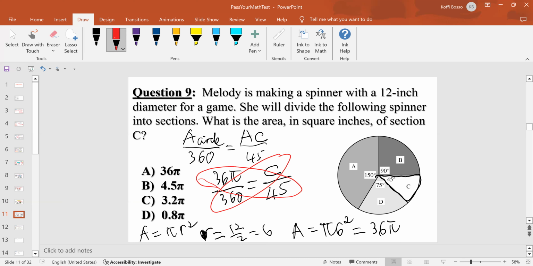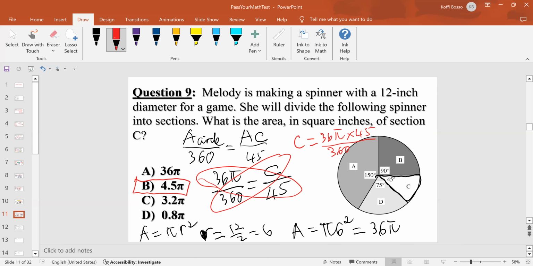That means C is 36 pi multiplied by 45, everything divided by 360. If you do the calculation, understand that pi will be in the answer. Pi is 3.14, but we will not replace pi by 3.14; we're going to leave pi in the answer. So you get 4.5 pi. That is one of the methods, if you want to follow the general formula.